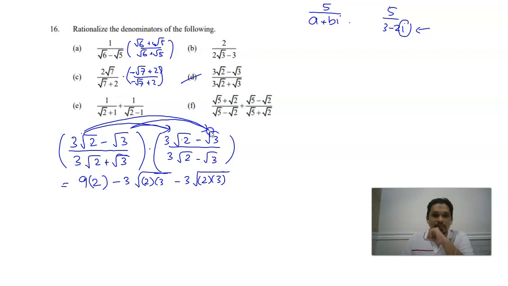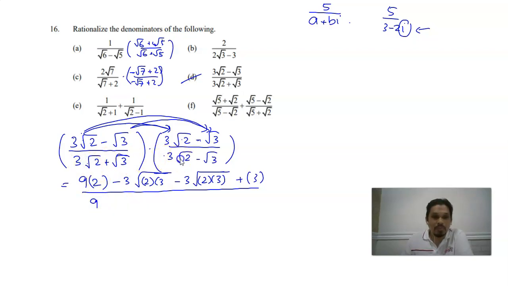What about this one here now? Negative square root of 3 times negative square root of 3. Negative times negative, positive, square root of 3 times square root of 3, 3. Divided by, now 3 times 3 equal to 9.